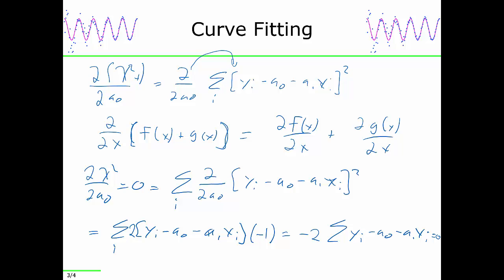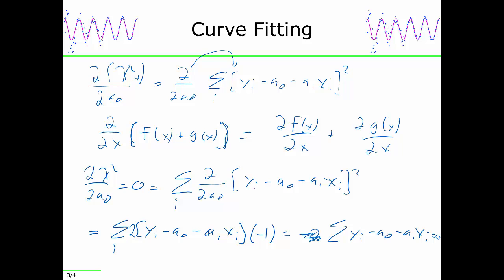I barely ran out of room there, so I thought I'd stop in the accessible screen. We can multiply both sides by negative 1/2, and negative 1/2 times 0 is still 0, so we can get rid of the negative 2.